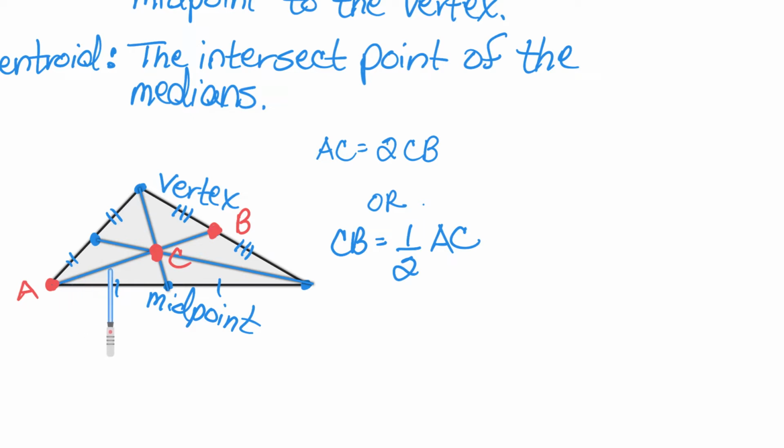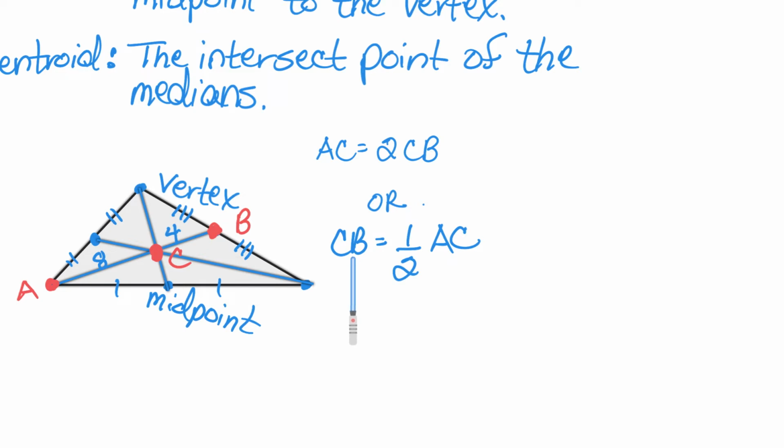So if CB is the length of 4, then AC is twice the length of CB, and 4 times 2 is 8. Therefore, AC is 8.